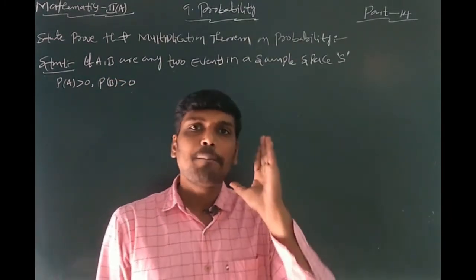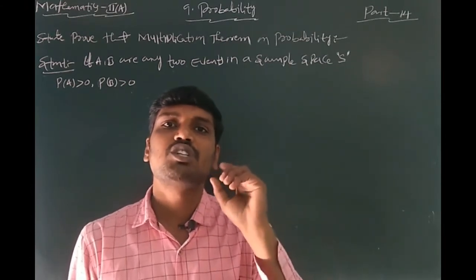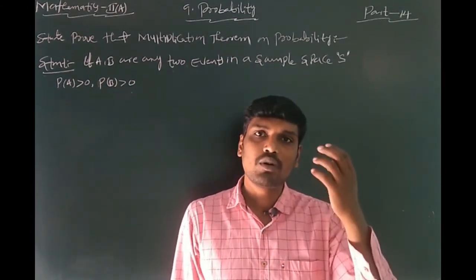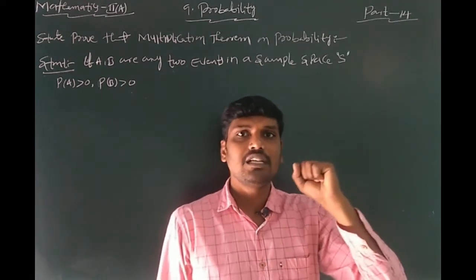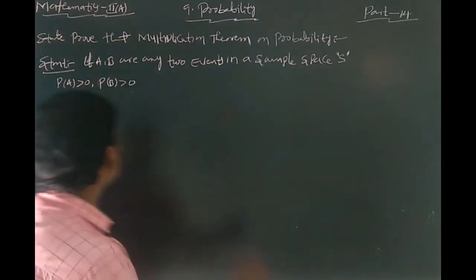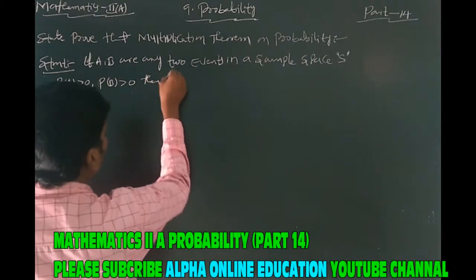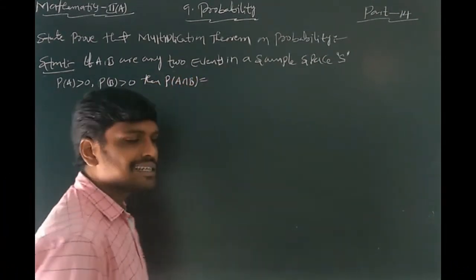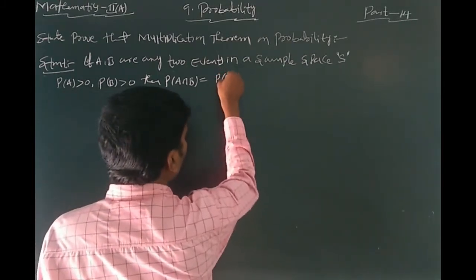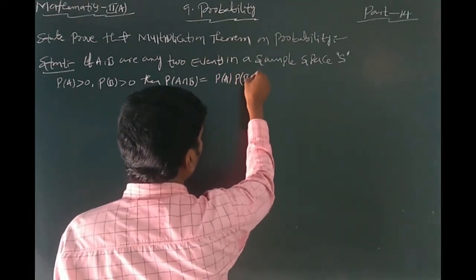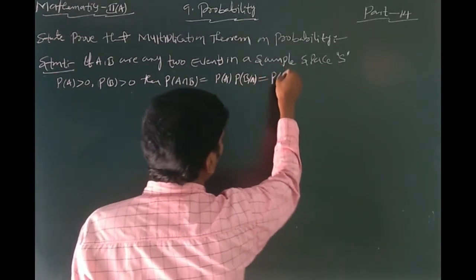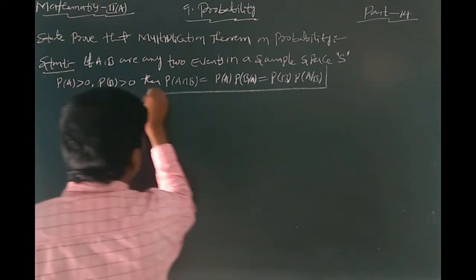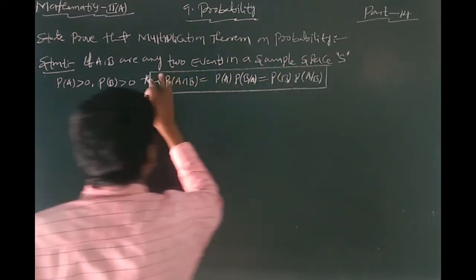That is, the probability of A must be more than 0, and the probability of B must also be more than 0. Only then can this theorem be applicable. Then P of A intersection B is equal to P of A into P of B by A, which is equal to P of B into P of A by B. This is the multiplication theorem on probability.